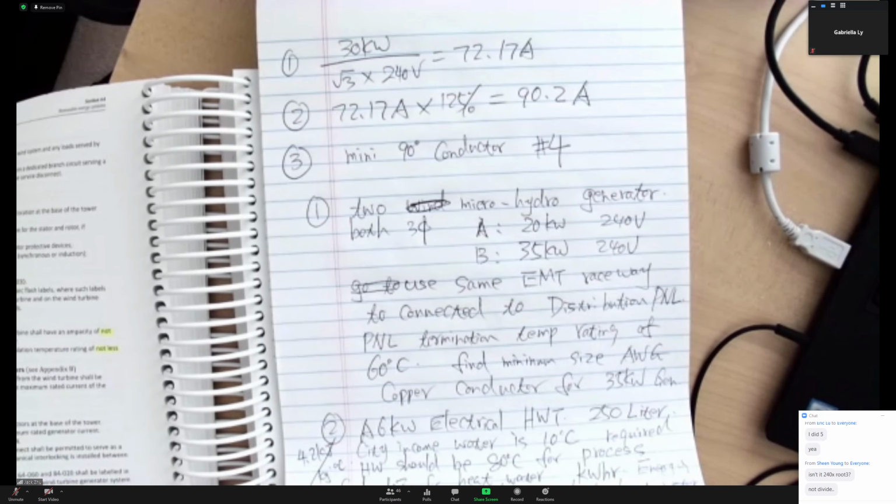I saw your guys' calculation. Steven, when you're calculating your ampacity, do you times 0.7 or do you divide by 0.7?